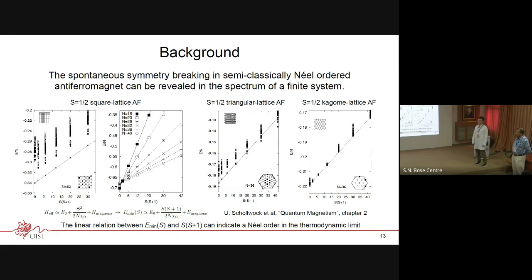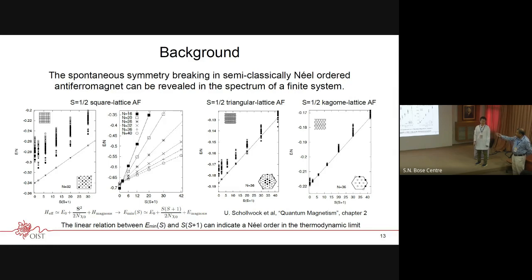We may have a VBC state or even spin liquid states. But this type of analysis indicates non-polar states in the quantum state, because the lowest energy data are not on the solid line.